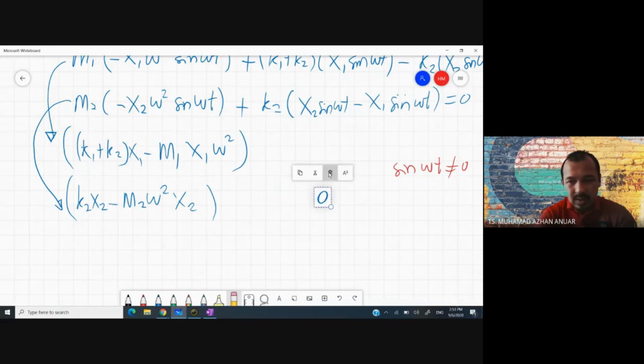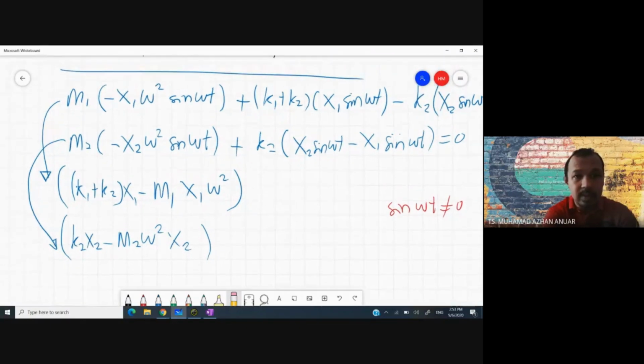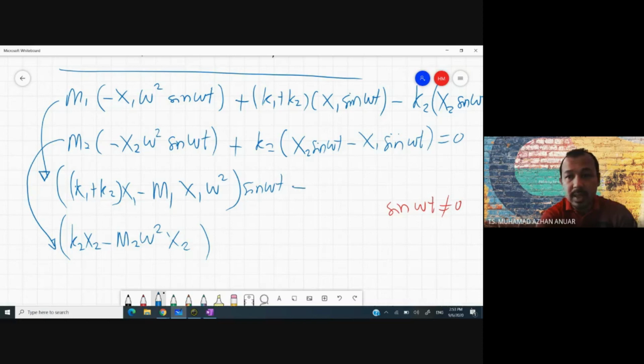So let's delete this one. So this is k1 plus k2 x1, so this is x1, times sine omega t. And then you have the other one, which is minus k2 x2, sine omega t. So let's put the sine term outside the bracket.